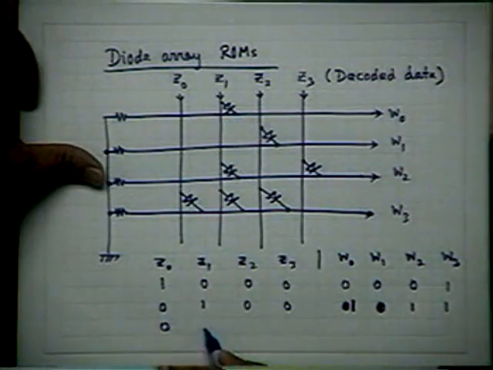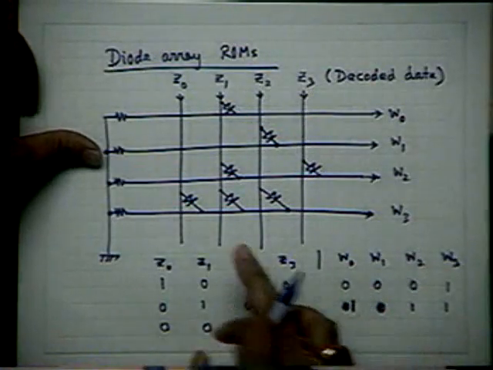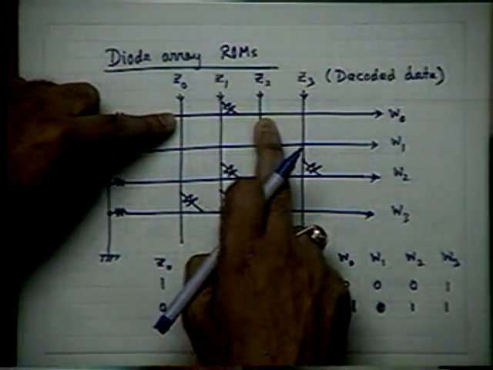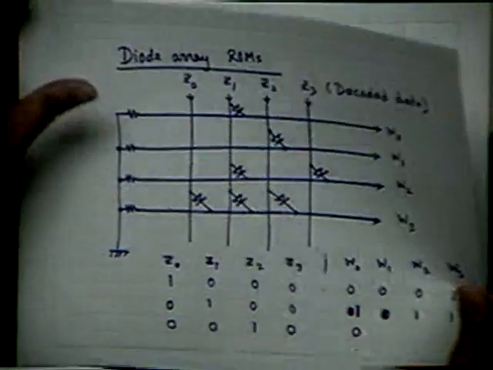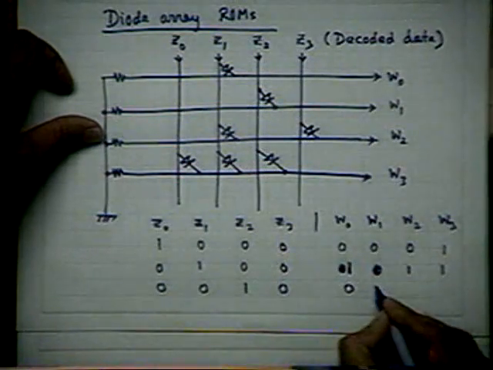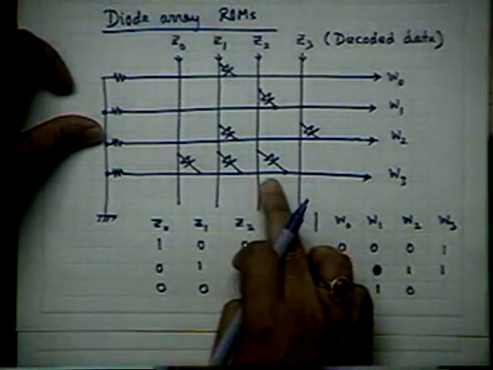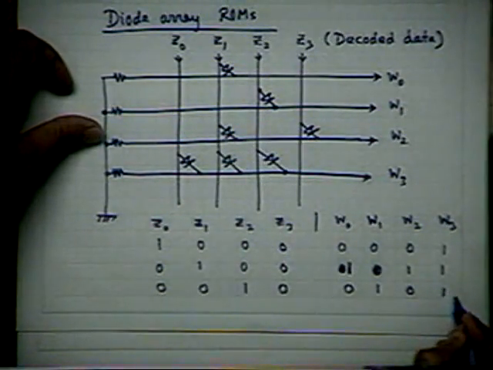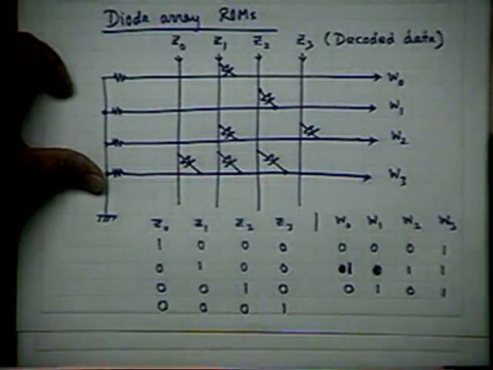Similarly, 0, 0, 1, 0. What will be the thing? 0, 0, 1, 0. Must be 0. Next, this is 1. Next, 0. Next, 1. Similar way, 0, 0, 0, 1.